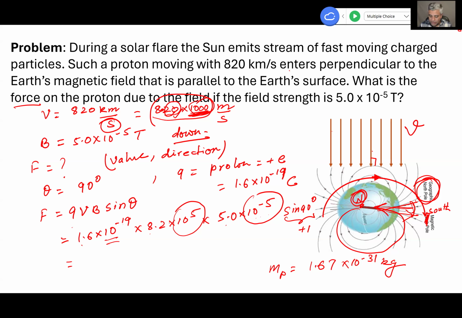Now, how do we find the direction? For direction, right-hand rule, and V goes in what direction, folks? Which way is V? Down. So go down like that. And now, see, this is going geographic north.